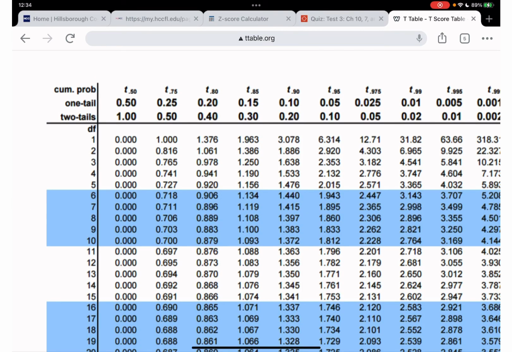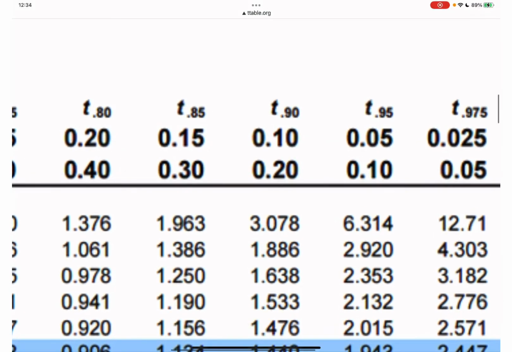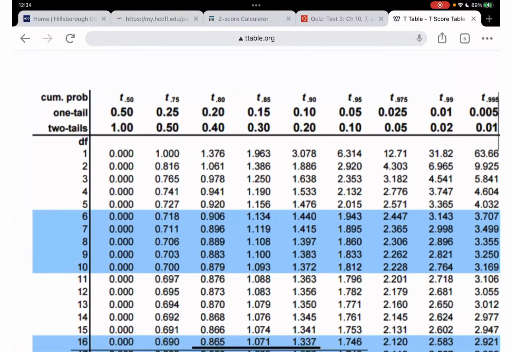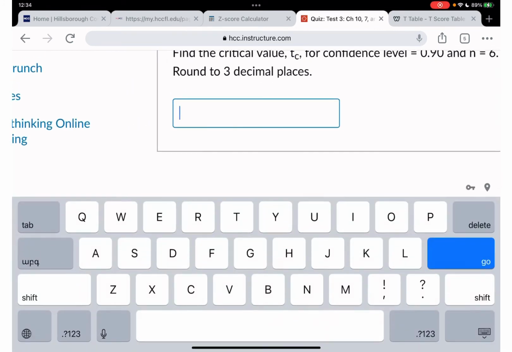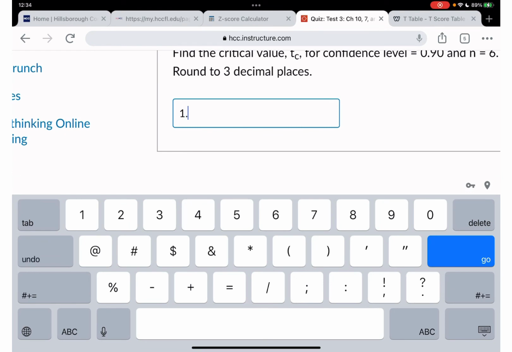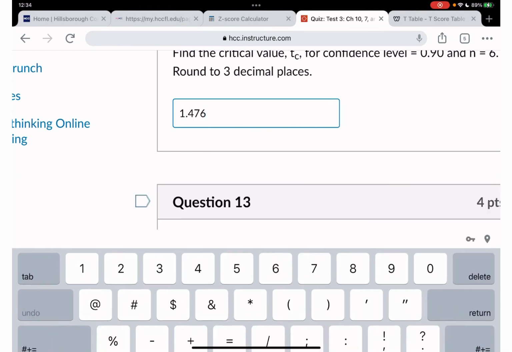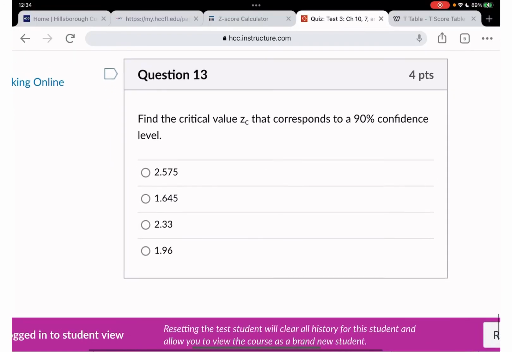Yeah, 6 and 0.90, so it's going to be one tail 0.1 or t 0.9. If you look above 0.1, it's 0.9. See that? So for degree of freedom 5, we are getting 1.476. Let me write it down.